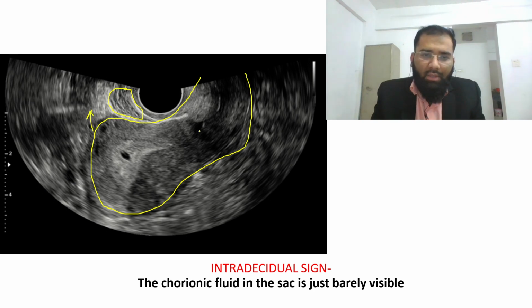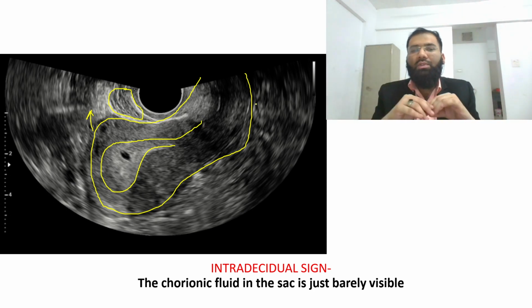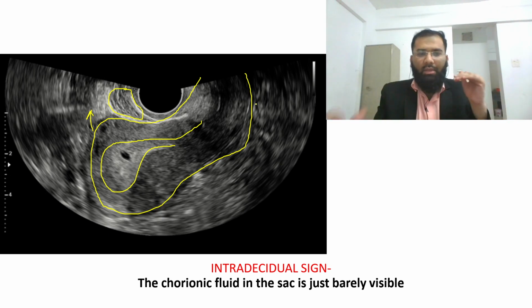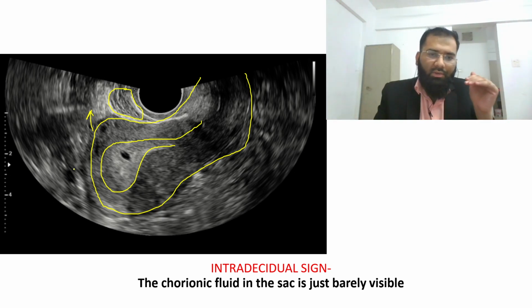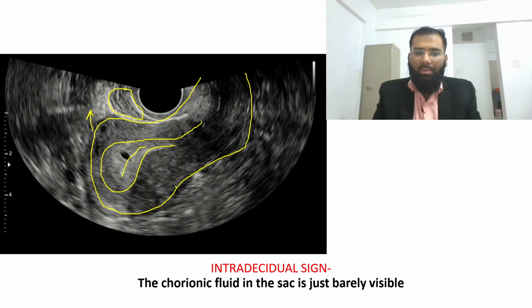Now look at this thing. This inside is the endometrium. See how the endometrium has thickened. This is called decidual reaction. The endometrium gets thickened. Now you see this is the central echogenic rim, which separates the anterior and posterior endometrium.